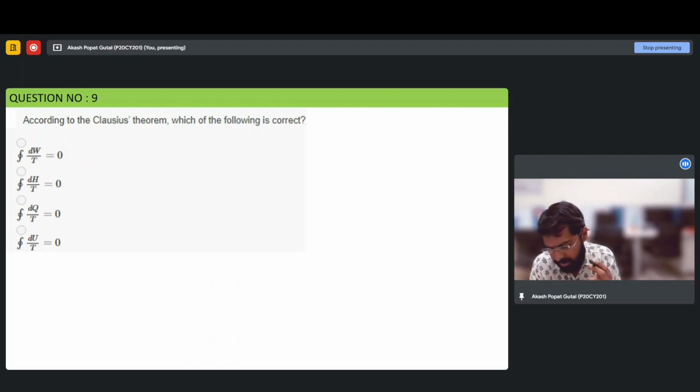Second option is enthalpy at a given temperature divided by the given temperature is zero. Then the heat divided by temperature is zero, or the internal energy divided by temperature is zero. So this is related to the definition of entropy.